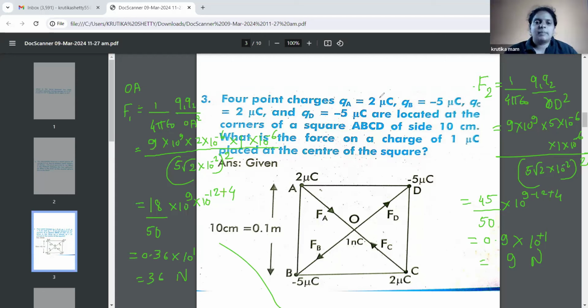Yes, correct. 9 Newton and 36 Newton. Yes or no? Yes, simple calculation, but it looks lengthy. Okay, students, you calculate and see, did everyone get the answer?